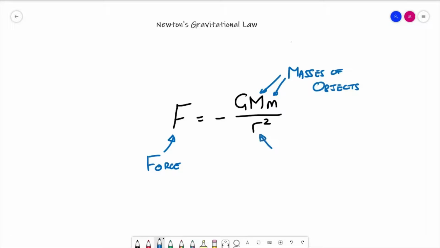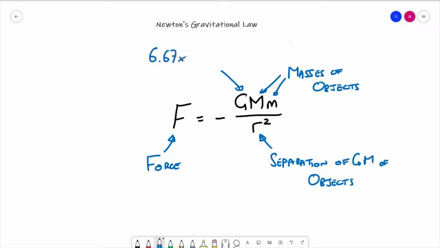The r is the separation of the centres of mass of the objects. And G, as we've just said, is the universal gravitational constant, which is 6.67 times 10 to the minus 11.